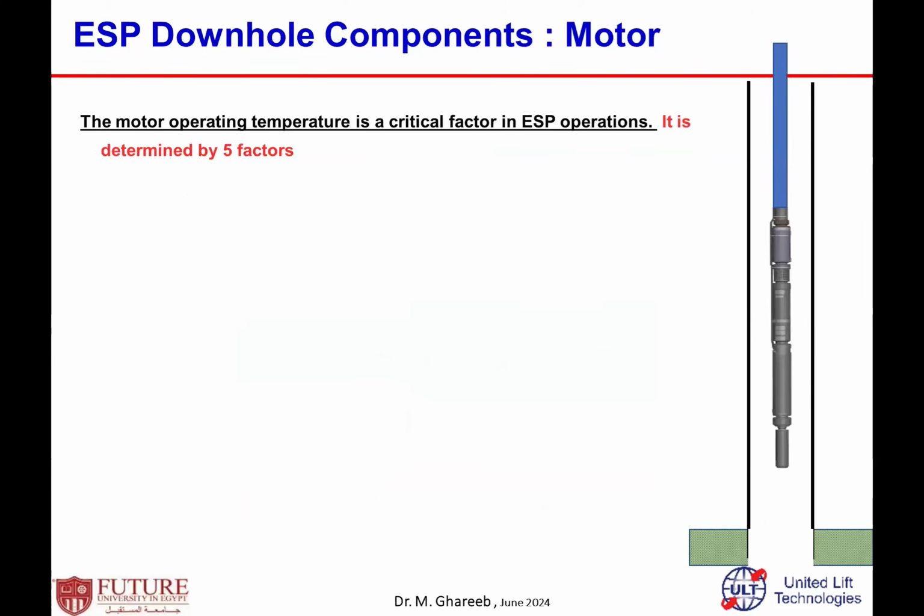The motor is a very important part. As I said, the motor generates heat and requires cooling in order to have good efficiency and good running life. The motor operating temperature is very important. What determines the temperature around the motor, and how to keep the motor running in a good temperature environment, determines the motor operating temperature.